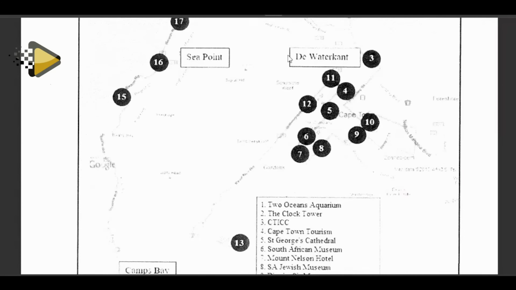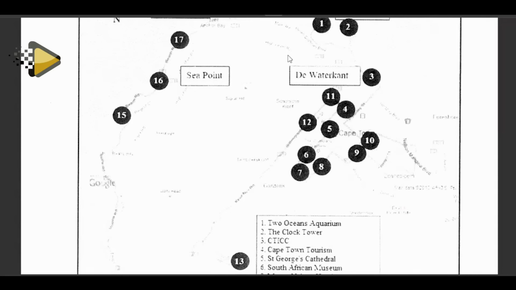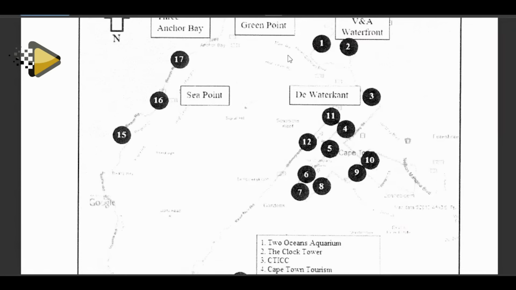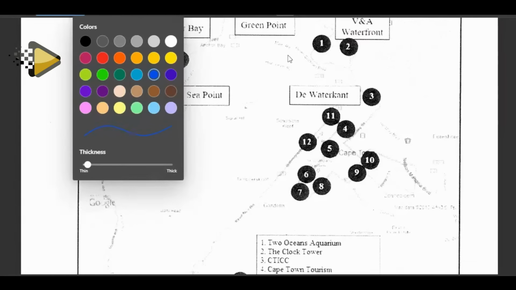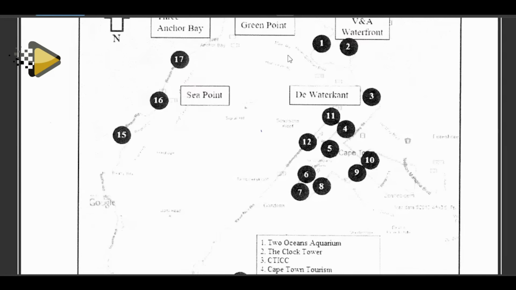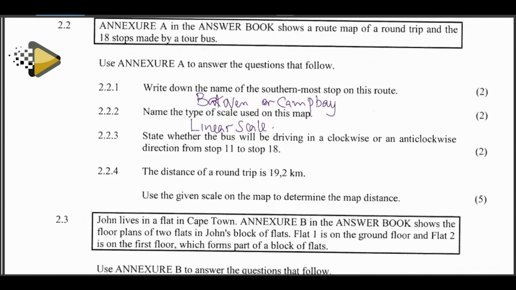So it's coming down, meaning it's clockwise. It's turning this side like that. So the answer is supposed to be clockwise.